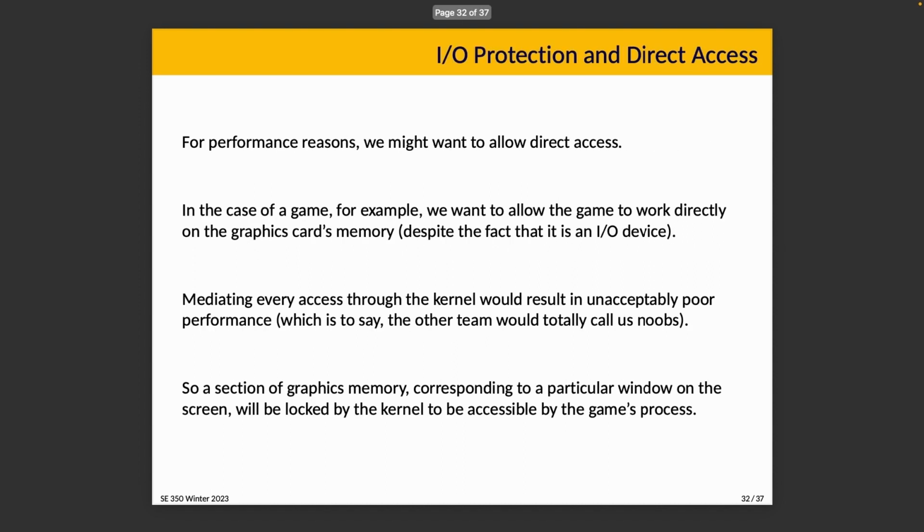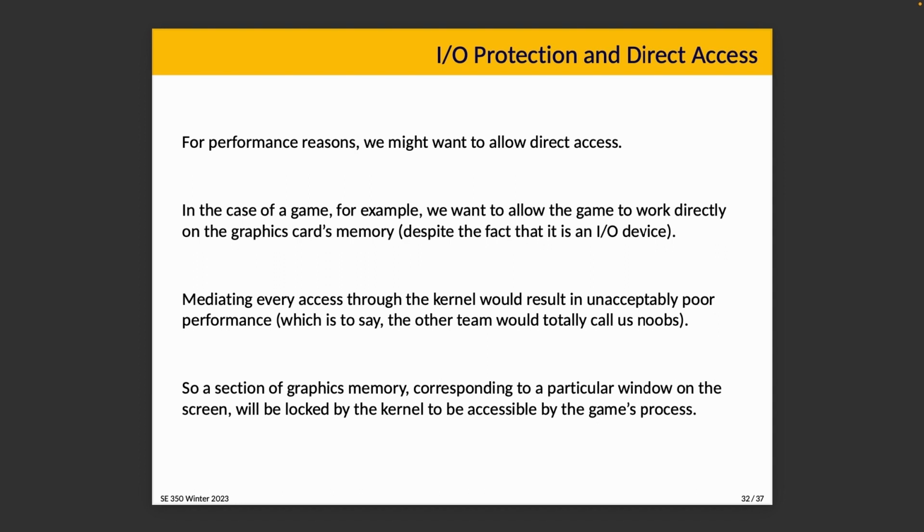However, for performance reasons, we sometimes allow direct access. This isn't for everything, and you don't always want to do it, but you can if there is a scenario where it makes sense. In the case of a game, for example, it might actually be sensible to allow the executing code of the game to operate directly on the graphics card memory, in spite of the fact that the graphics card is, legally speaking, an I/O device.